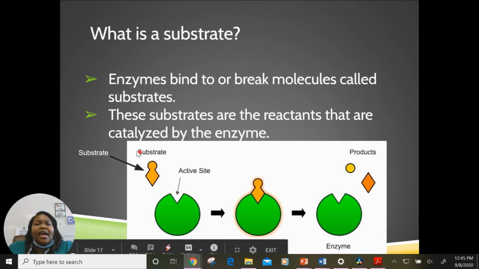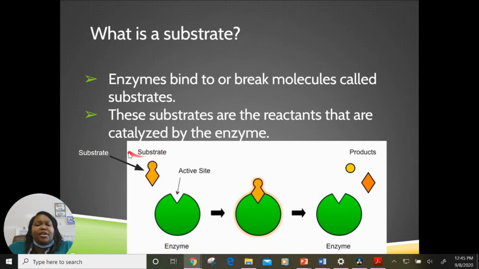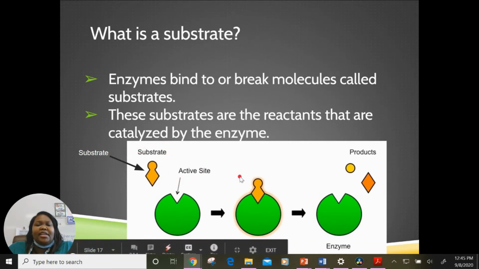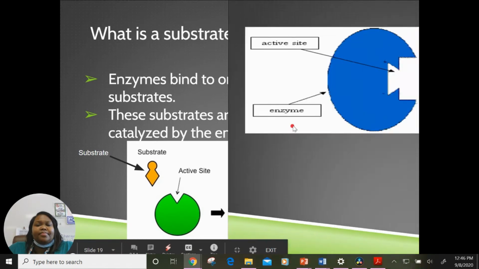The reactants of a reaction are called the substrates. All right, so it's going to bind to the active site. It'll become an enzyme substrate complex, and then the products will go away, and the enzyme will be ready to catalyze another reaction.